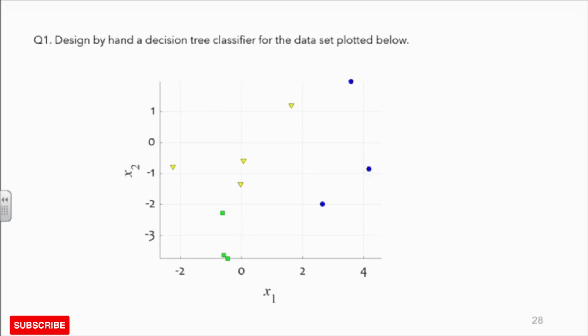Okay, so if it's greater than minus 2, yellow. Else, green. So if it's smaller, this is green.